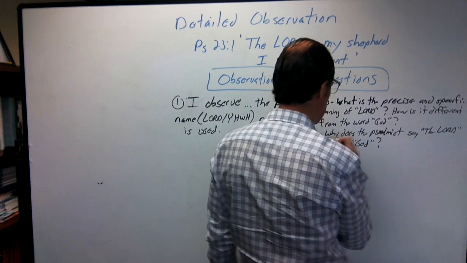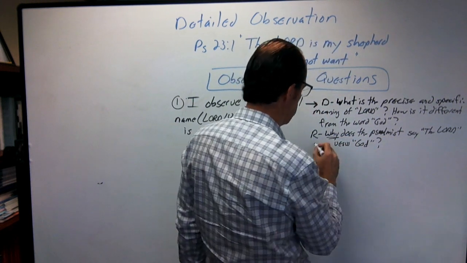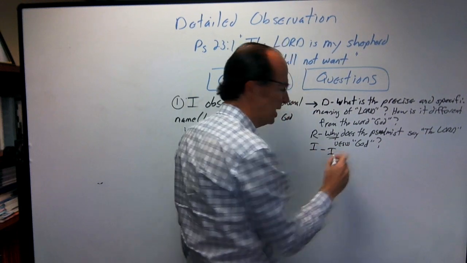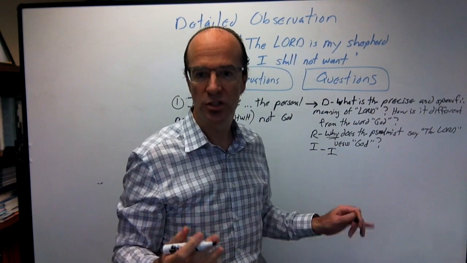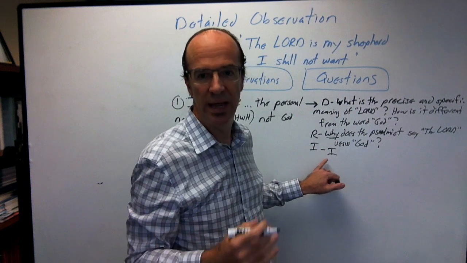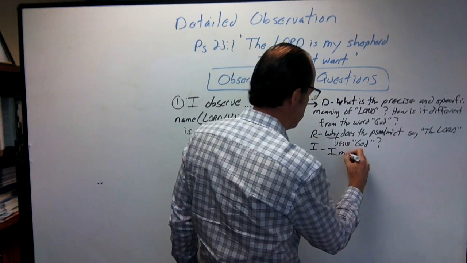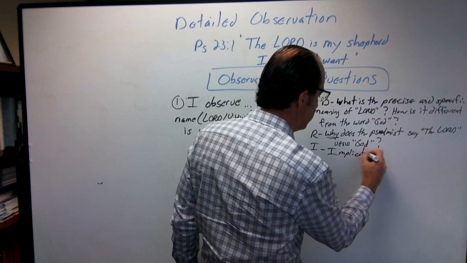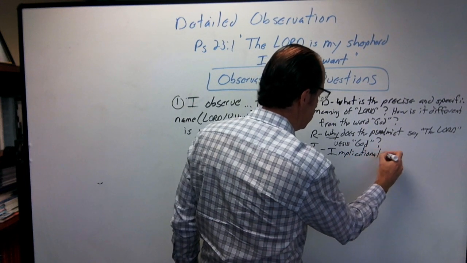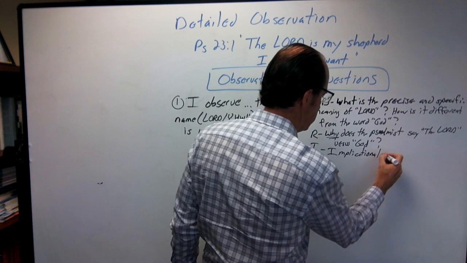So we're trying to get at significance with the why, and then an implicational question would be something just like, what are the full implications? Again, we can't answer the implicational questions until we've answered some of these other ones. But again, notice we move from definitional down to rational.